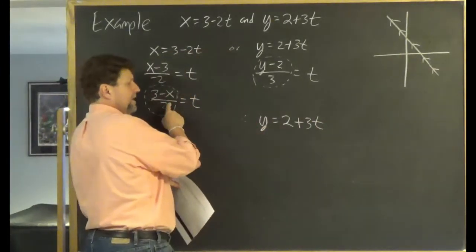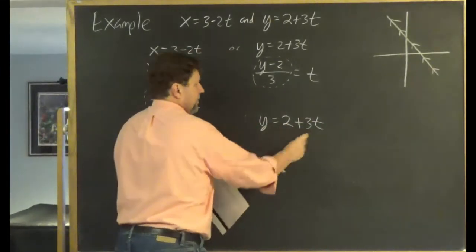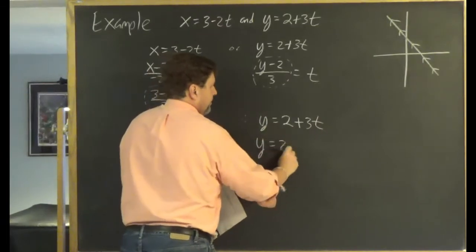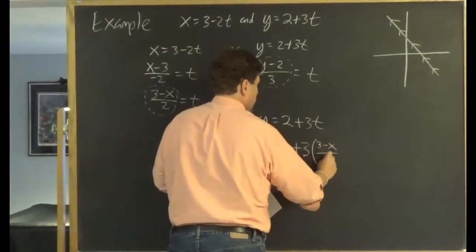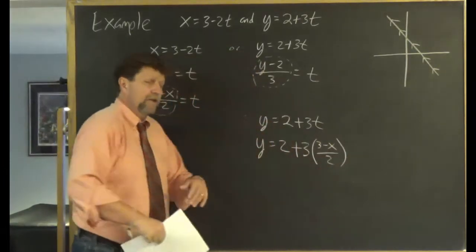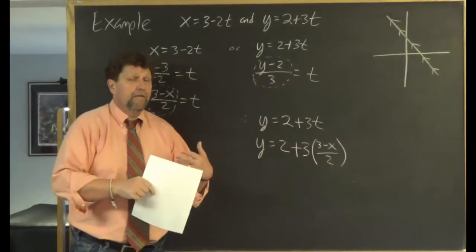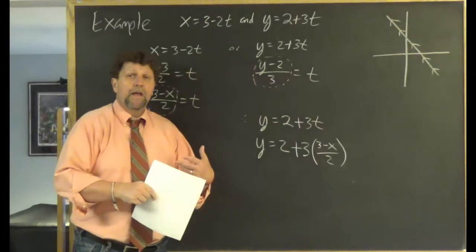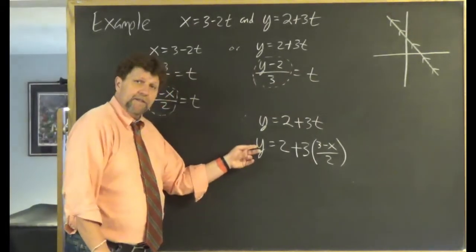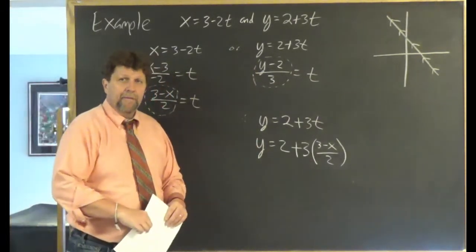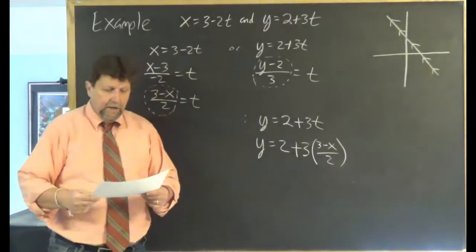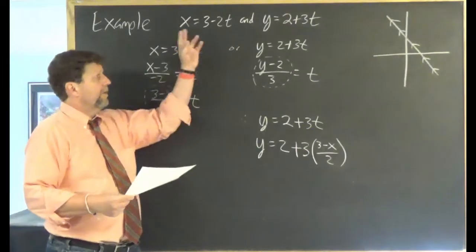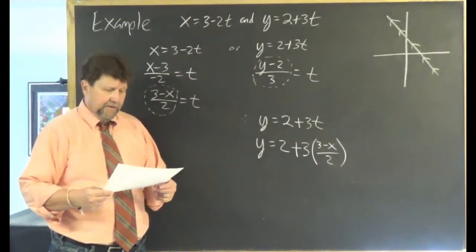So I put 3 minus x over 2 in here for t. If I wanted to use my calculator in rectangular mode, to graph this, it's already in the y equals form. And that's it. That's a rectangular equation for this set of parametric equations.